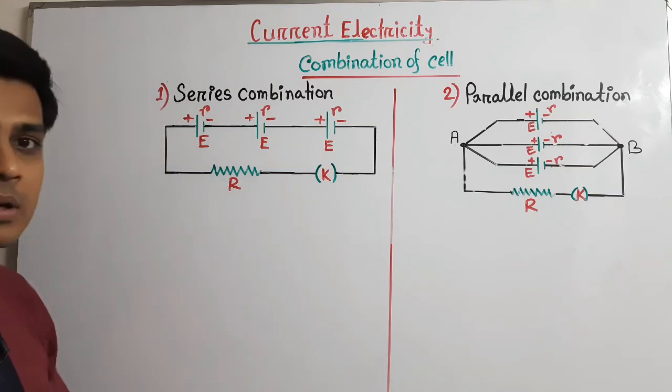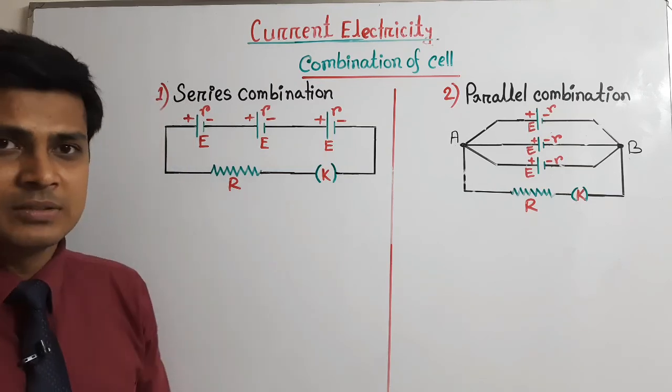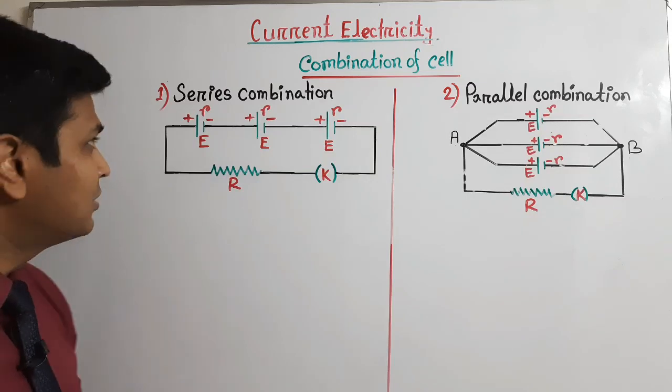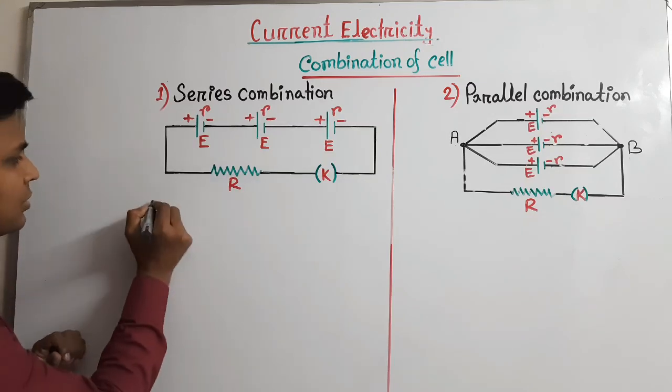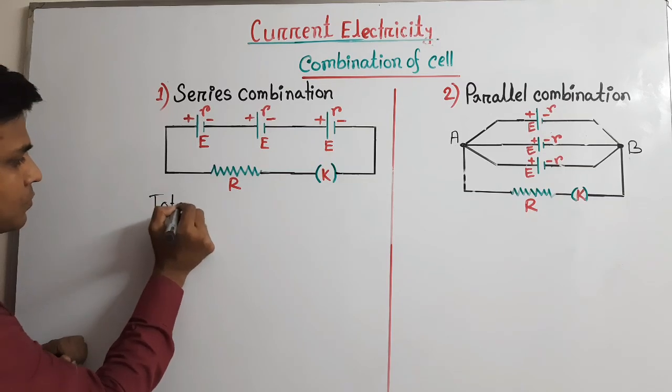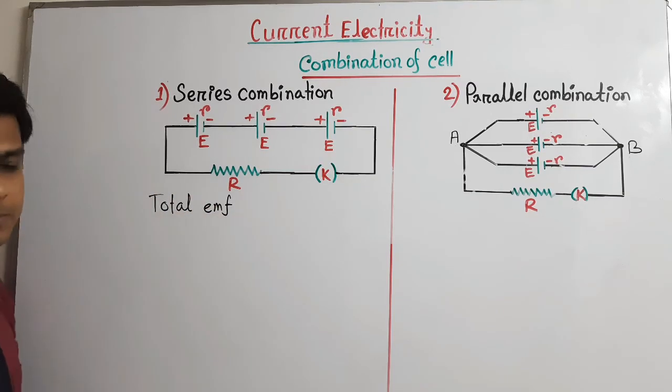Now let's solve how much current will flow through the series circuit. To derive the current of the circuit, let's consider the total EMF, that means electromotive force.